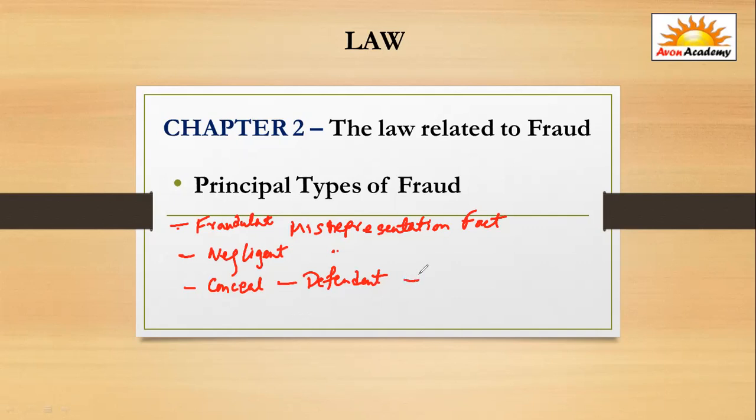Okay, let's say for an example, especially in certain transactions related to real estate, where the agent is aware of the house and all the issues pertaining to that house.